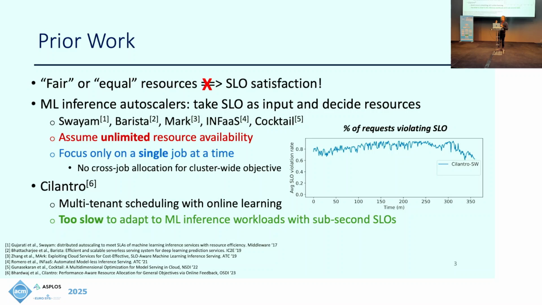On the right side, there is a plot that shows the SLO violation rate of the system called Cilantro, which we compare against. The SLO violation rate is essentially the percentage of requests that miss their SLO. You can see that this is the most highly optimized version of that system. It's about an 80% SLO violation rate. Compared to that, our system has a much lower SLO violation rate. And over the next few slides, I'll describe what the secret sauces are here.